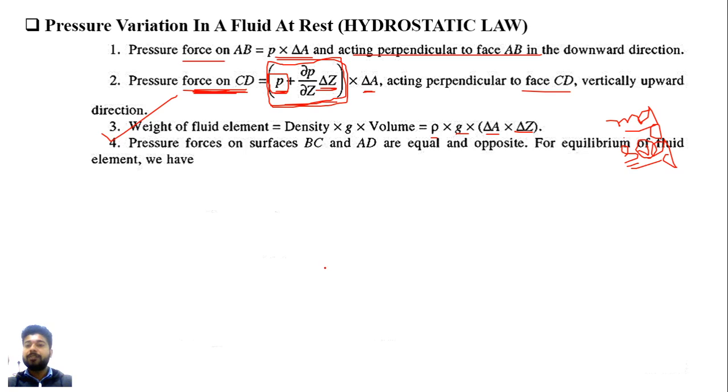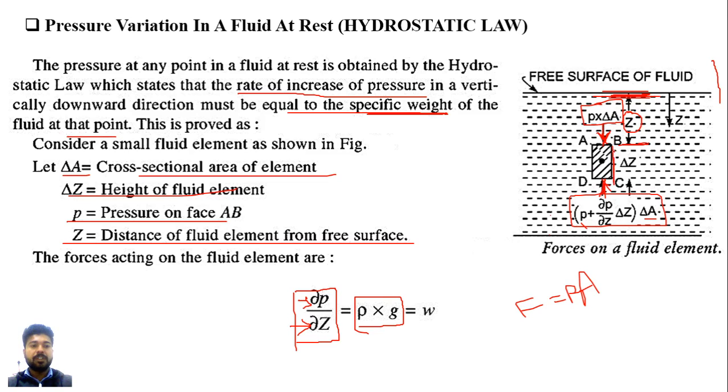As we already assumed that the fluid is at rest, the forces applied on sides BC and AD must be in equilibrium. So we can conclude that this element is at rest. This element is not moving in the x direction, or horizontal direction, so the force applied on AD and the force applied on BC are in equilibrium.